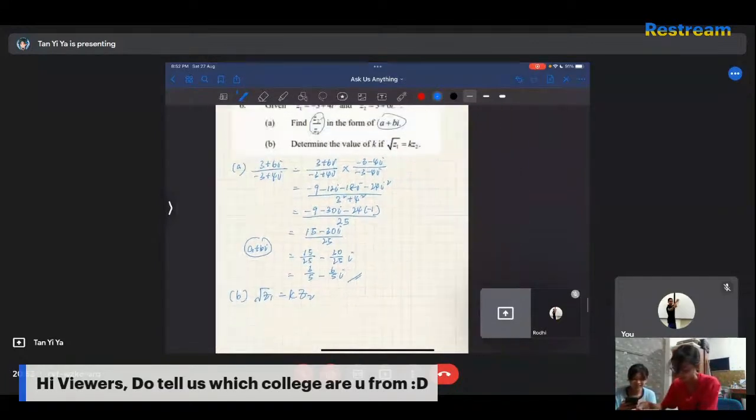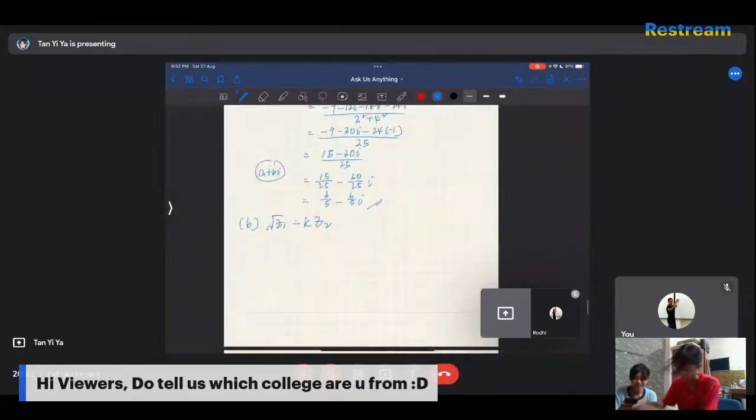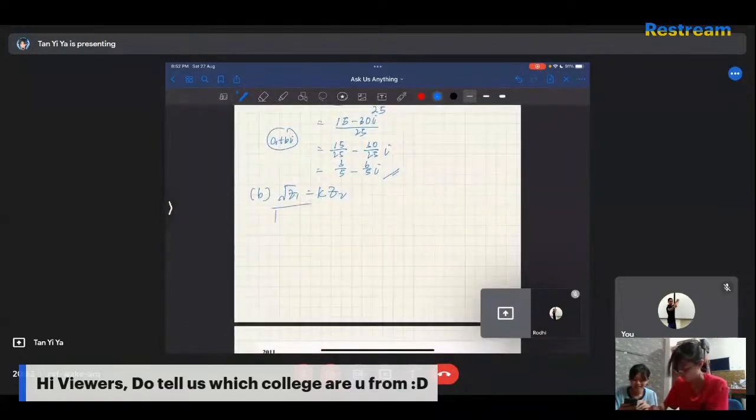So the equation of z1 will be as shown, and z2 is 3 plus 6i. To cancel off the square root, we may just put the square.